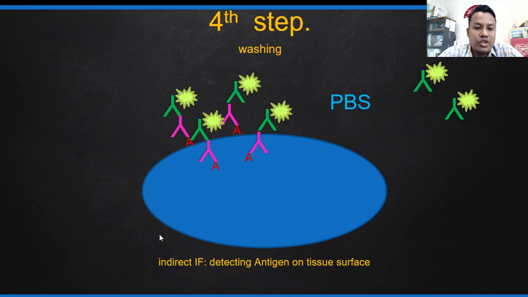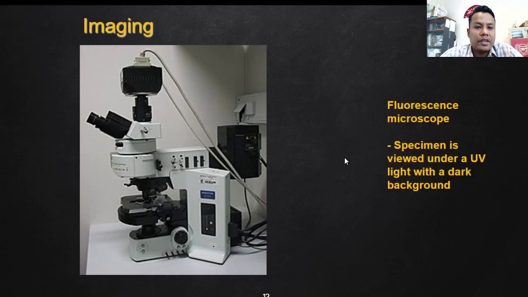So that's why we need to wash away all the remaining unbound secondary antibodies, because we want to detect the signal that is supposed to be coming from the area that contains the antigen that we are looking for, not from the antibody that is hanging around without specific antigen. So they need to be washed away.